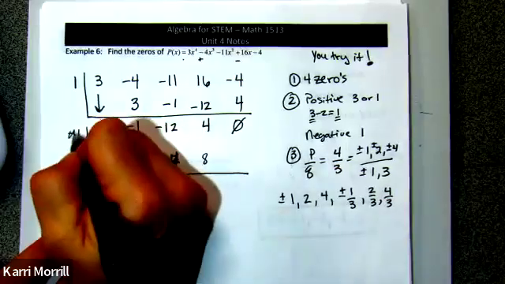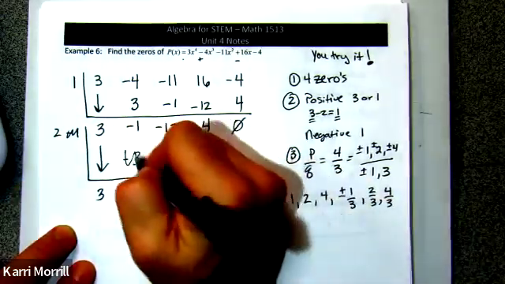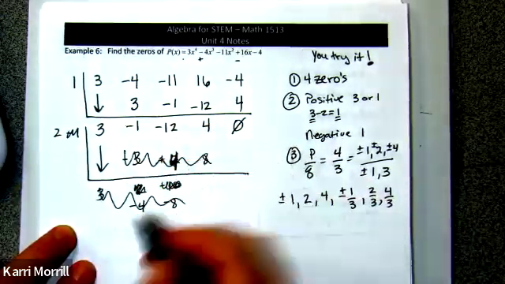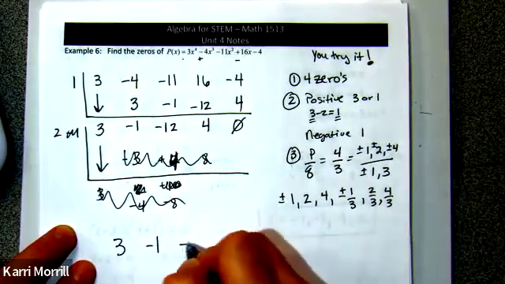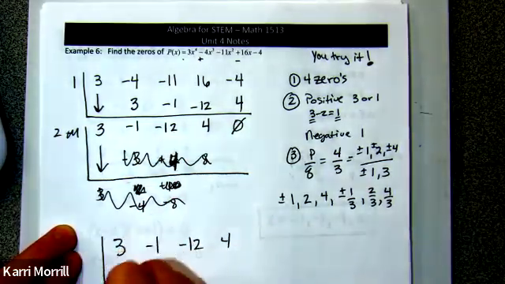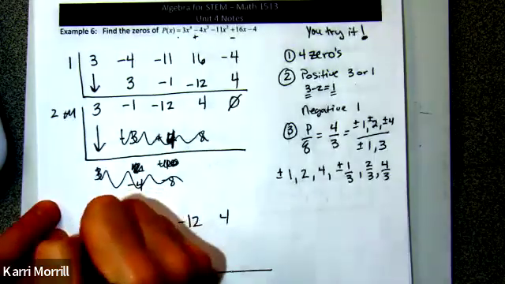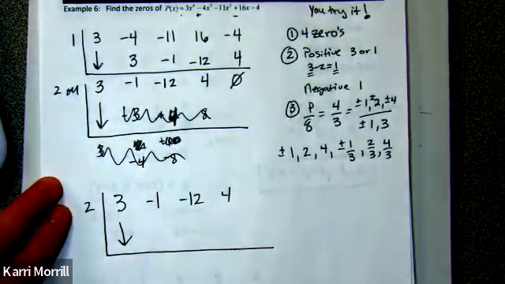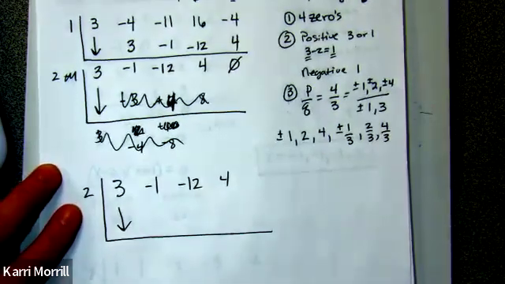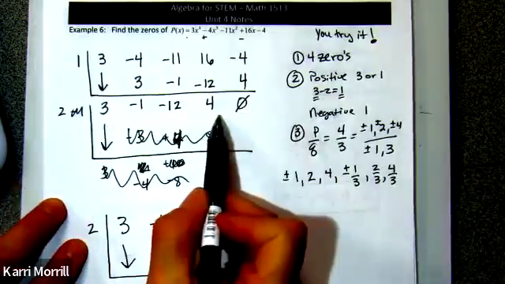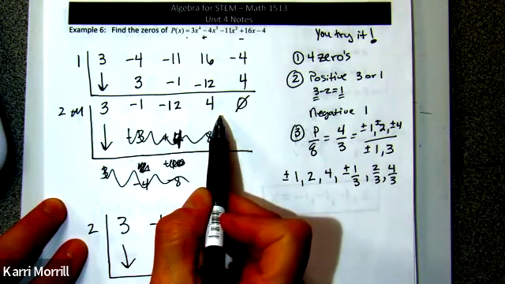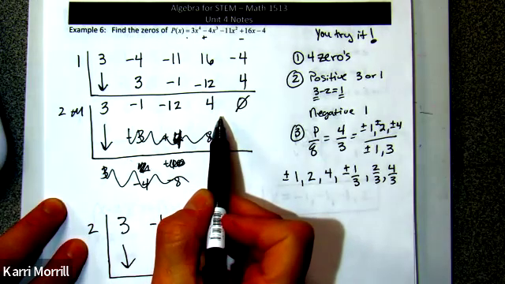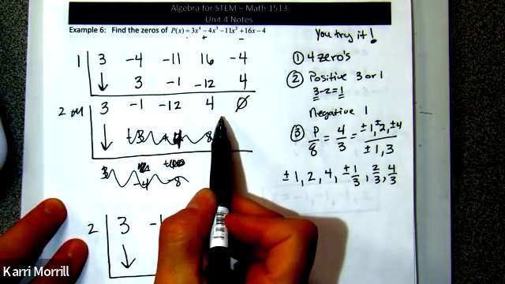So then I would go to 2. And that's where it gets kind of messy and you may have to rewrite. So we have 3, -1, -12, and 4. Actually on this one, as I sit back and look at it, you could factor this by grouping and it would be quicker instead of waiting to get down to 3 numbers.